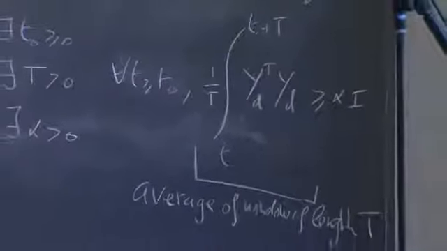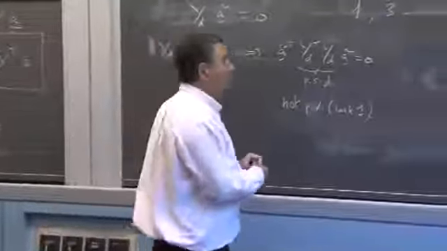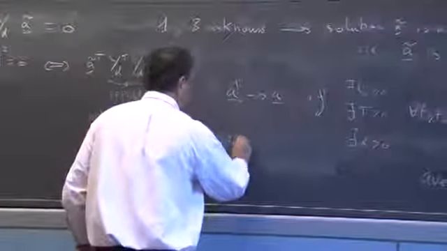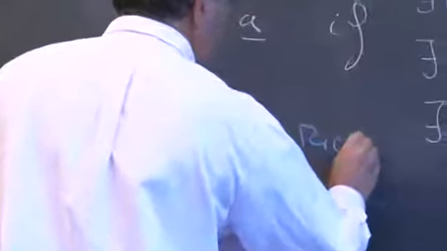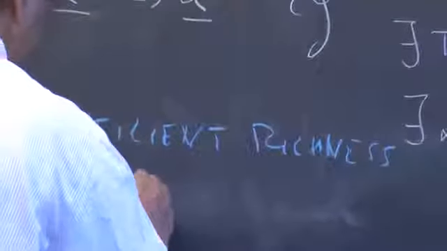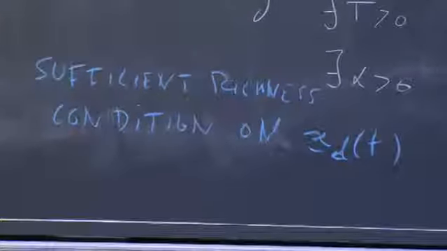And you see that this is a sufficient richness condition on the desired trajectory, xd of t, because it's entirely in terms of the matrix Yd, which is the computation of this matrix along the desired trajectory.